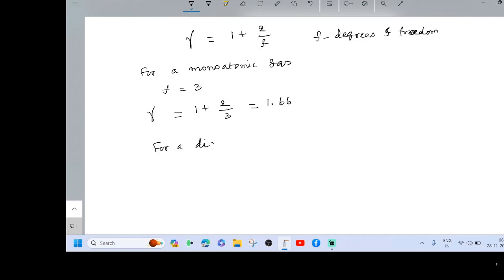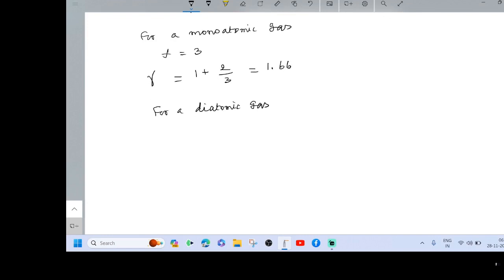For a diatomic gas, degrees of freedom F equals 5. Now gamma equals 1 plus 2 by F, which is 1 plus 2 by 5. 2 by 5 equals 0.4, so gamma is 1.4.